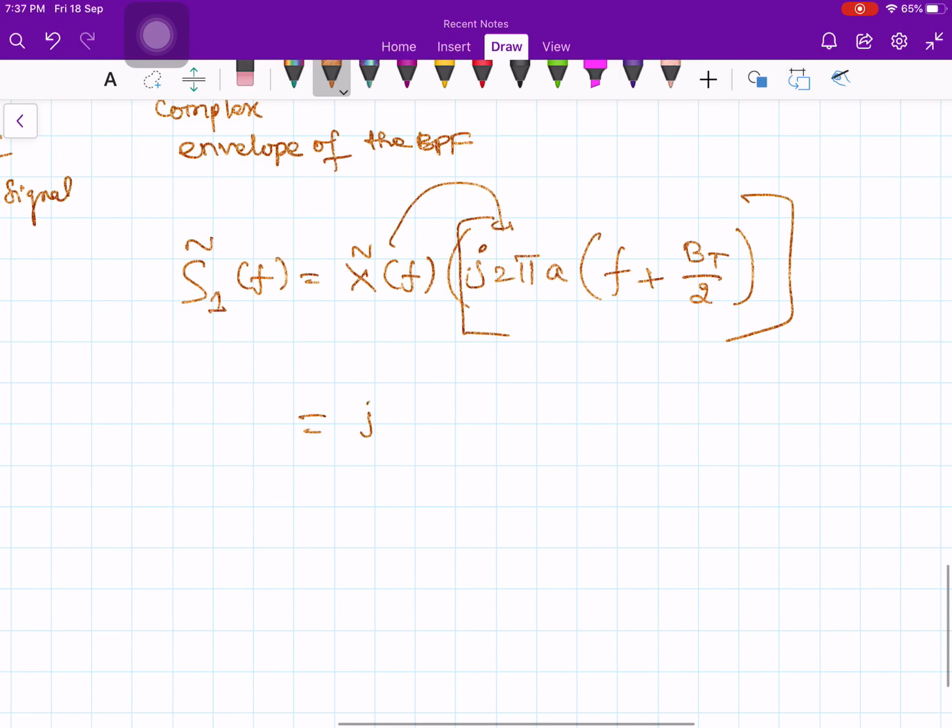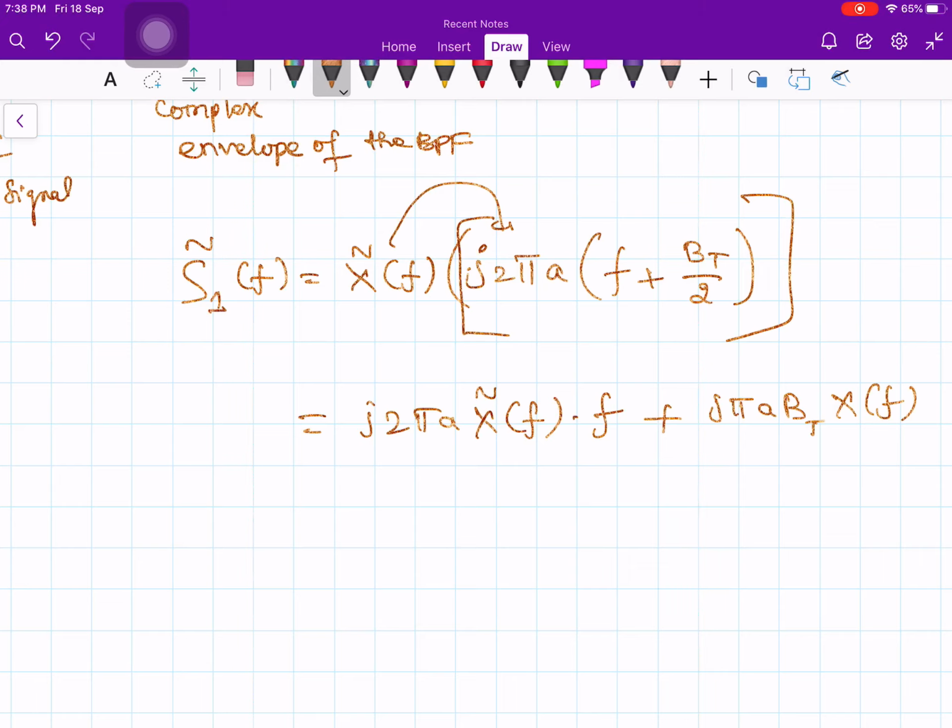So j times 2 pi a x tilde of f times f, plus the 2 will get cancelled, j times pi a b suffix t times x tilde of f. This is what you get now.